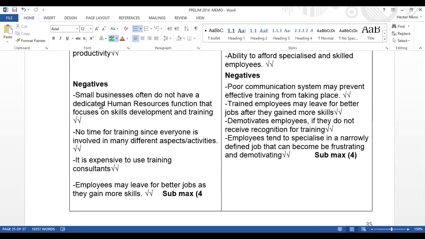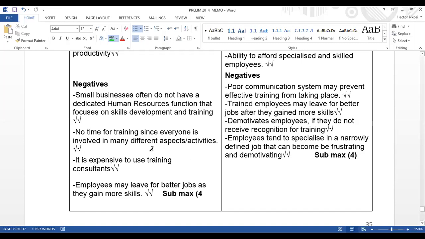And also there is no time for training, since everyone is involved in many different activities. One person does 5 roles or 3 different duties, so people do not have enough time for training.